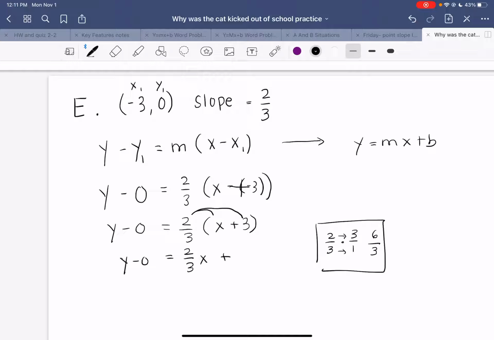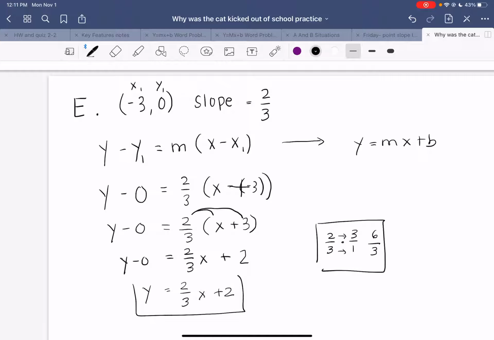So that gives us 6 divided by 3, which is 2. So now in order to get our equation to look like y equals mx plus b, y minus 0 is just y, and we have 2/3 x plus 2.